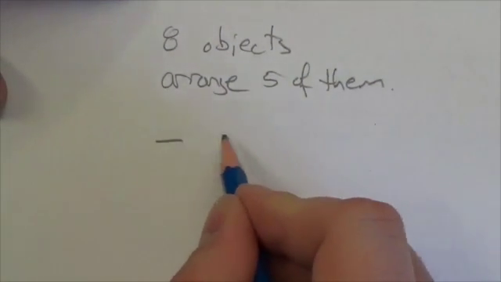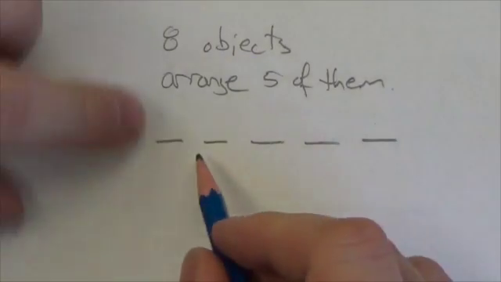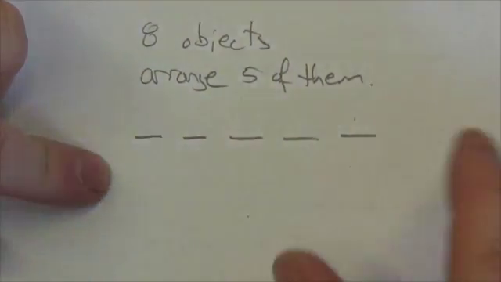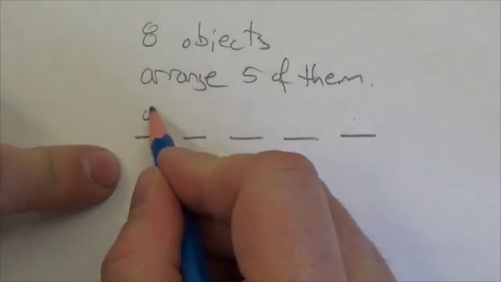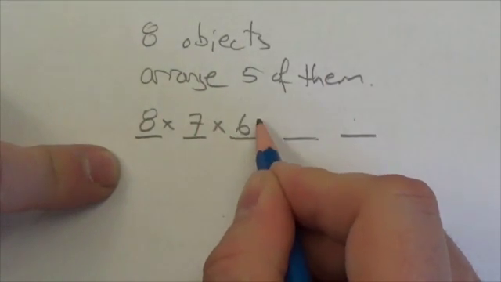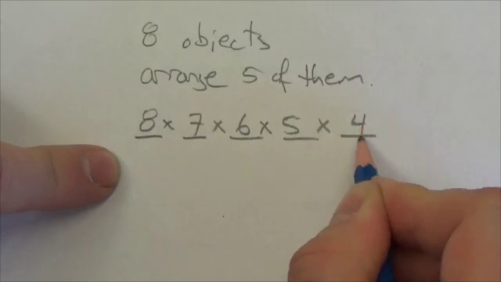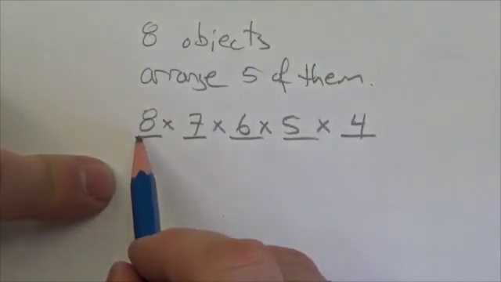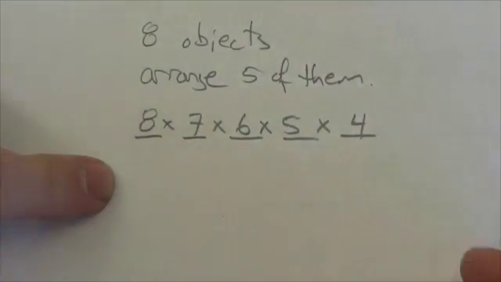So 1, 2, 3, 4, 5. I've got 5 different tasks here to accomplish. For my first task, there are 8 choices of objects, and then there are 7, and then 6, and then 5, and then 4. So 8, 7, 6, 5, 4. There are 5 different objects here.